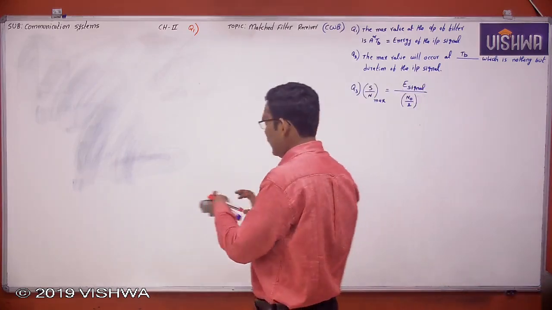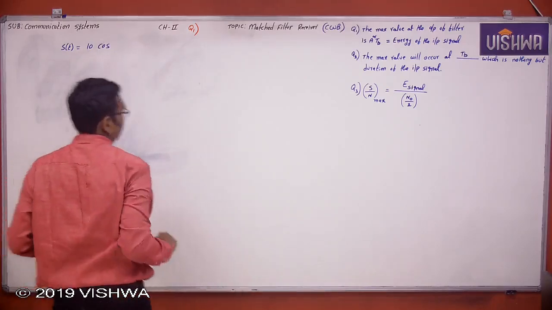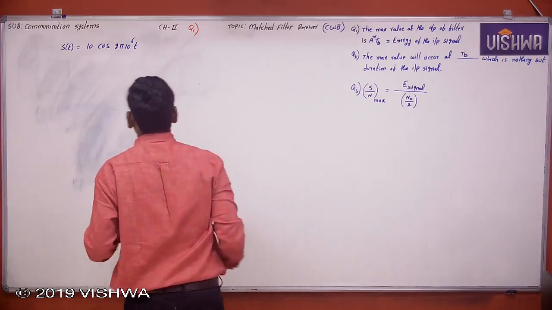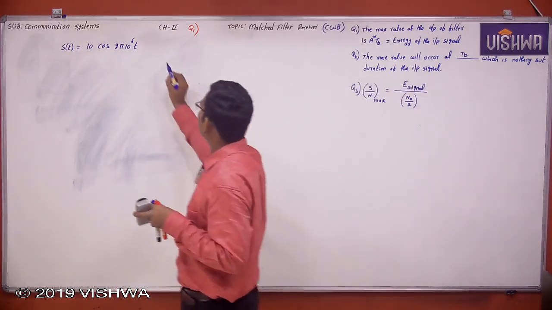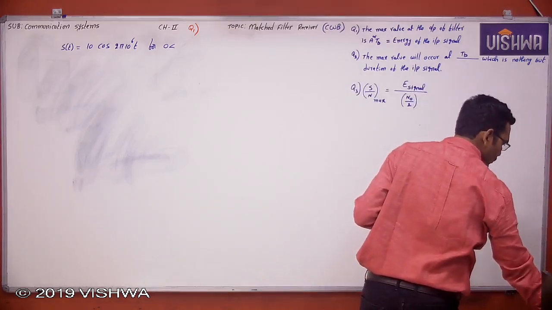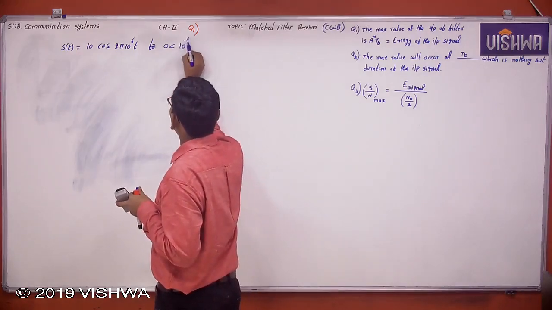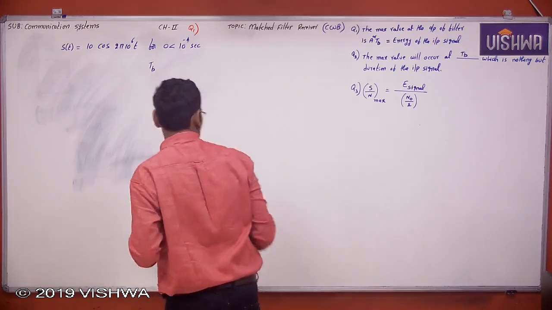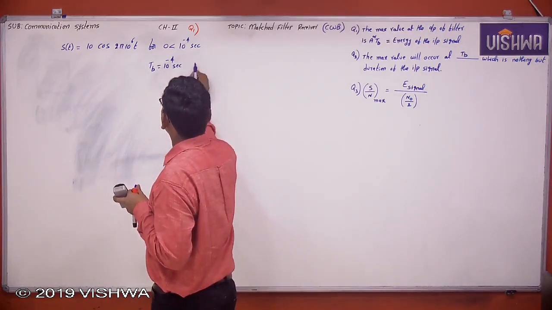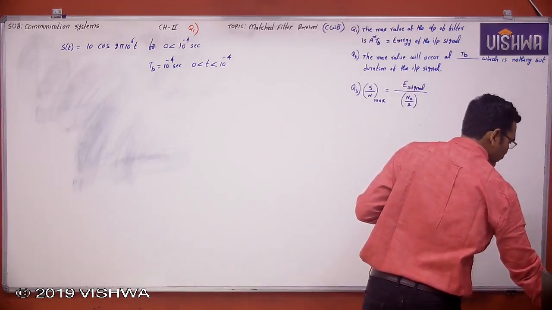A signal represented in time domain as S of t equals 10 cos 2 pi into 10 power 6 into t, for 0 less than t less than TB, and TB is equal to 10 power minus 4 seconds. Now this is the question.